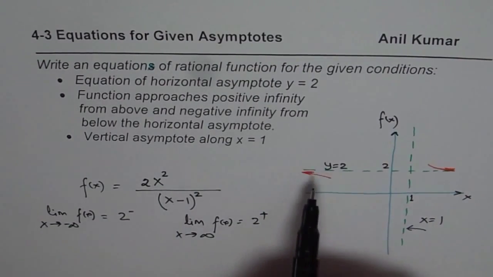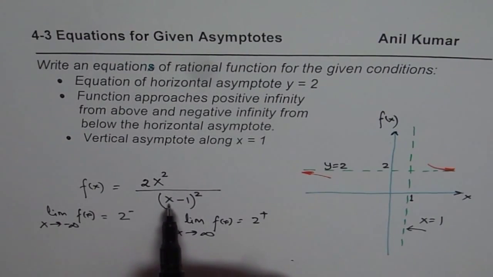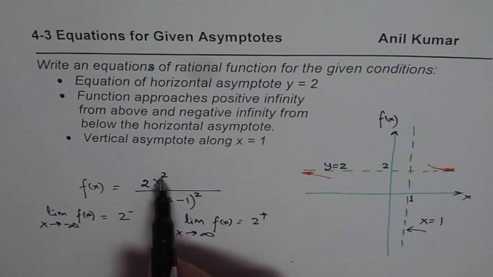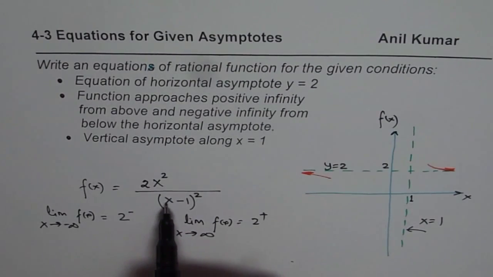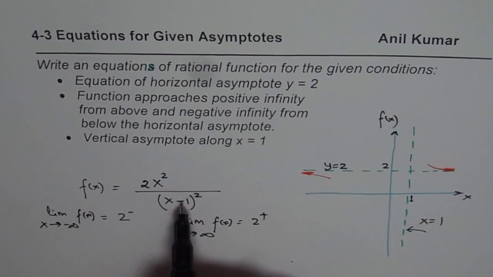Now to ensure the end behavior, what should we do? Let us check with a value, let us say minus 100. If I write minus 100 here, the denominator will be minus 101 squared, which is more than 100 squared in the numerator. So we expect a value which is less than 2, correct? So it works, right?